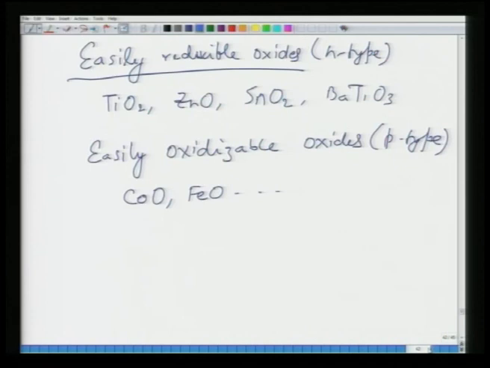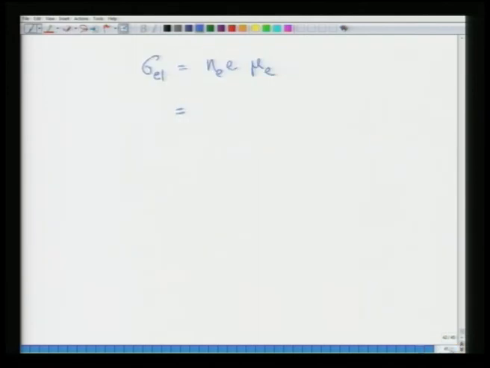Now, if you look at the electronic conductivity, sigma is nothing but n e mu_e. Here n_e, from this relation, is 3.6 into 10 to the power 9 per centimeter cube, into 1.6 into 10 to the power minus 19 Coulomb, and we need mu_e. Mu_e for these materials is approximately equal to 24 centimeter square per volt second.